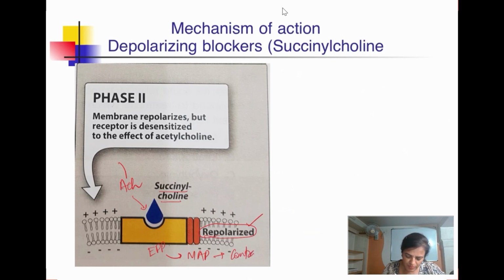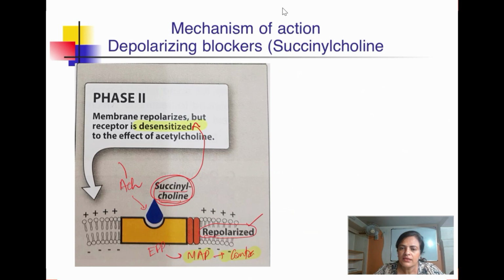Because of the continuous exposure of the receptor to succinylcholine, what happens to the receptor? They get desensitized. Now acetylcholine won't be able to bind with the receptor because it is desensitized, and this leads to no generation of muscle action potential and no contraction.